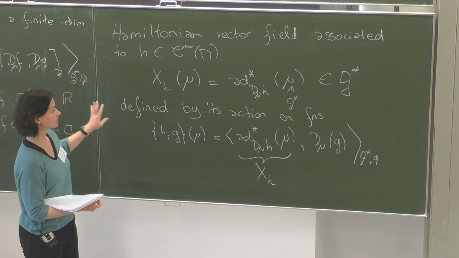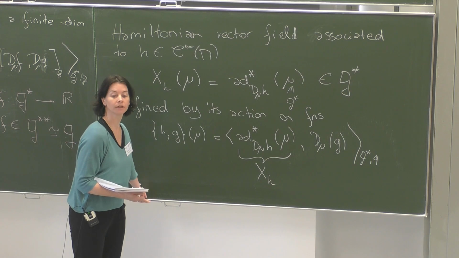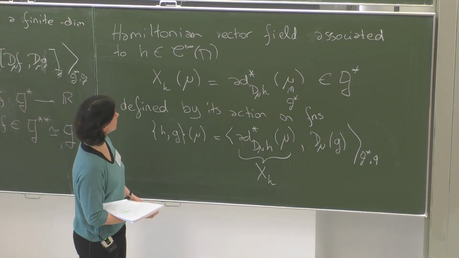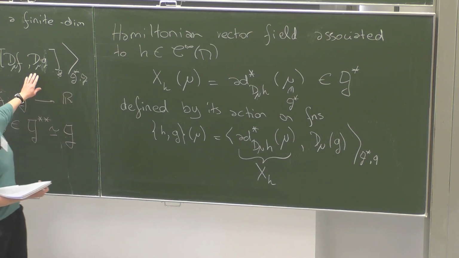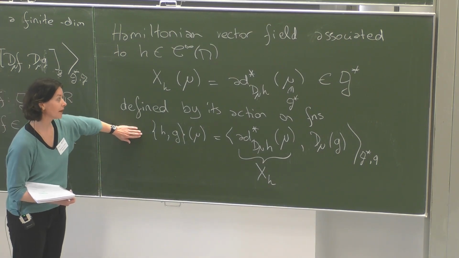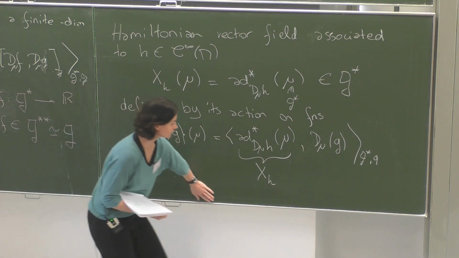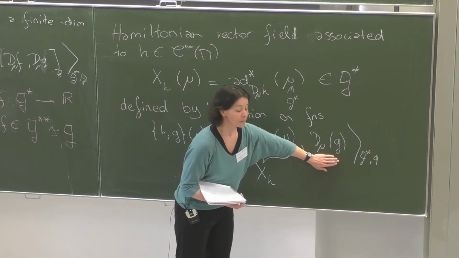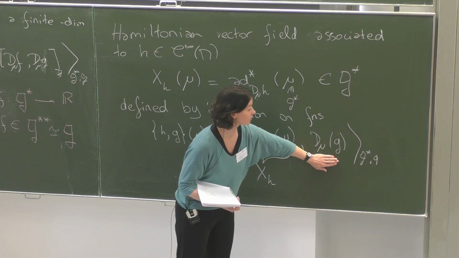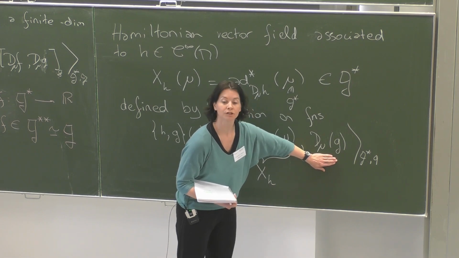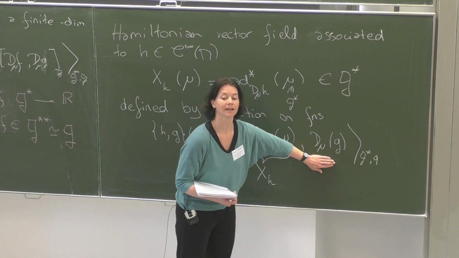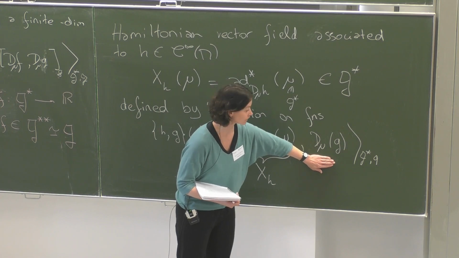So we see immediately some problems that can occur in the infinite dimensional case. Here, for instance, to define this vector field, we define it through this action on differential of function. We will see that in the infinite dimensional case, perhaps the differential of function gives us a space which is too big, and we need to go to some other class of functions, some admissible functions.